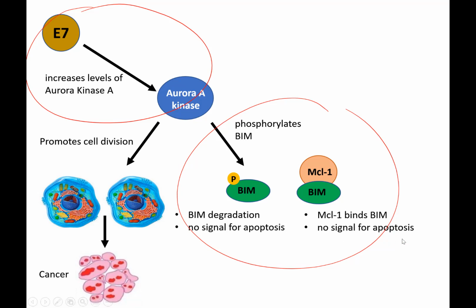MCL1 binds BIM and also blocks apoptosis. So normally BIM promotes apoptosis, but in the presence of Aurora kinase A or MCL1, we get a block of apoptosis. Why is that important? No apoptosis means cells can divide. Okay.